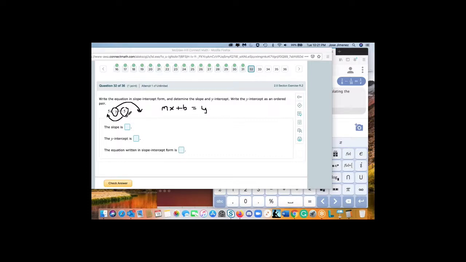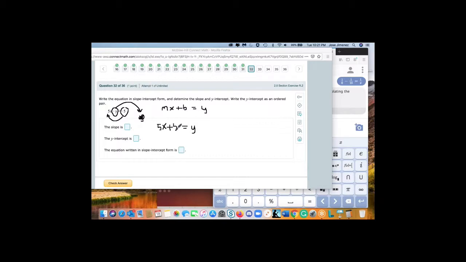So I put the y right here on the right, equal to 5x, and then the minus 5 becomes positive.